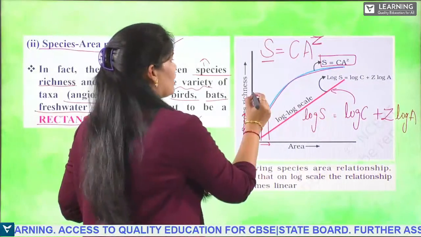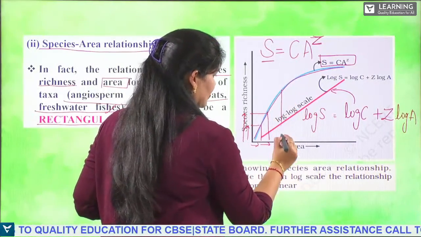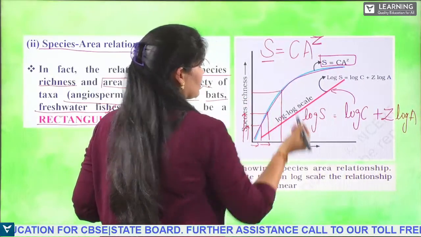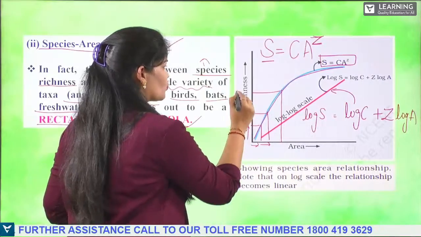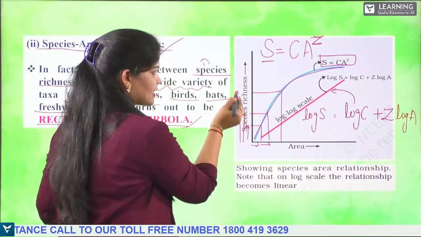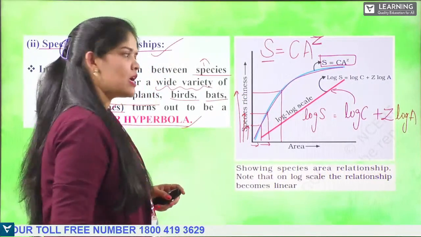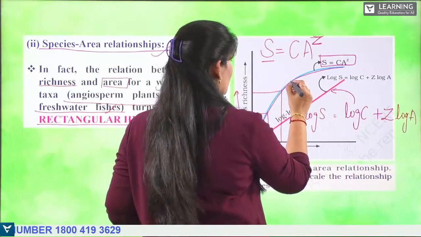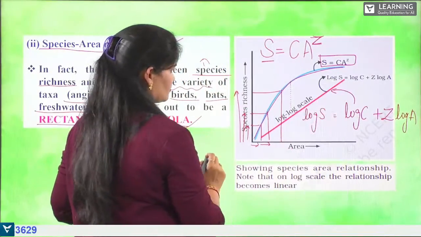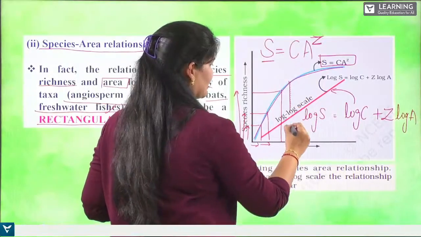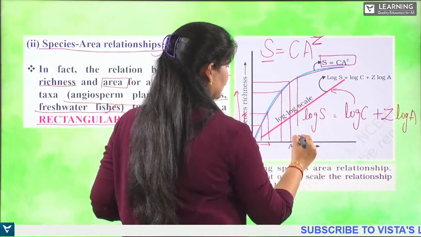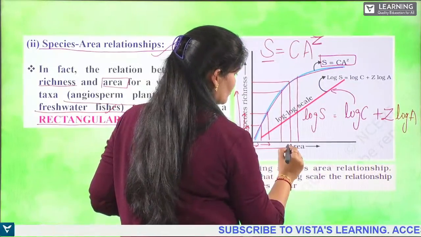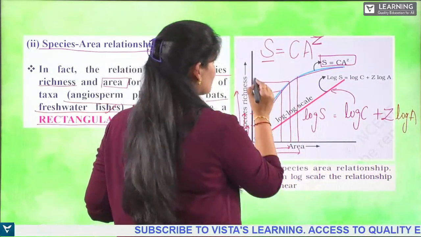Again, we increase the area, and there is an increase in the species richness too. We are still going beyond the newly explored areas, and there is an increase. Still increased. So this is how we are increasing the area.